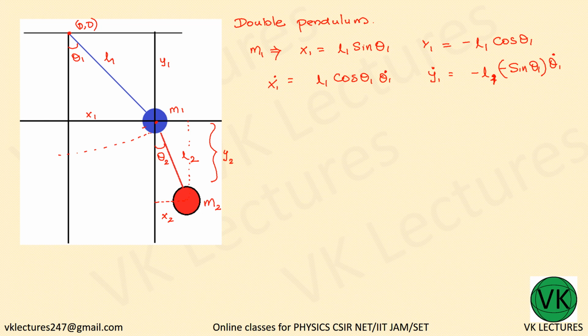Now here we have m2, for which we need x2. What is x2? x2 is nothing but x1 plus the x2 with respect to the original point.